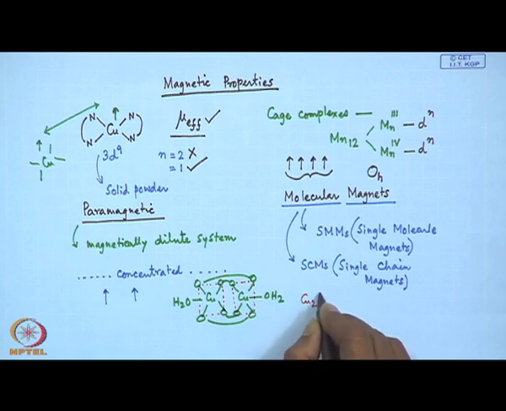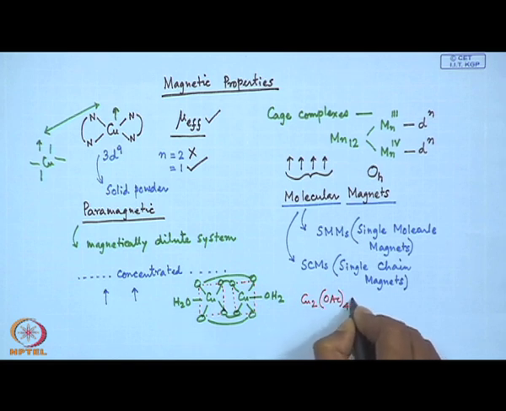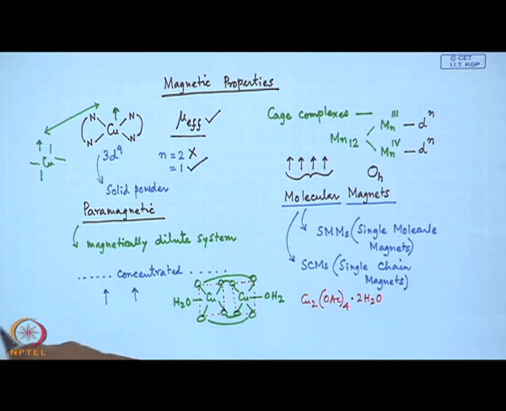So, this is Cu2(OAc)4·2H2O. This is the basic structure of simple copper acetate salt, which is basically a dimeric one.